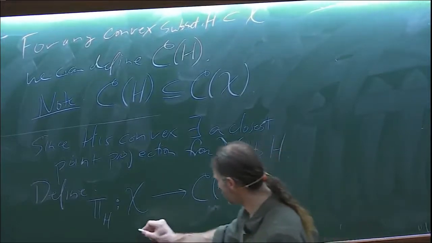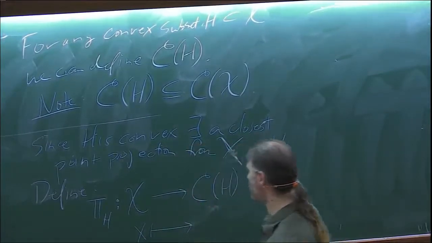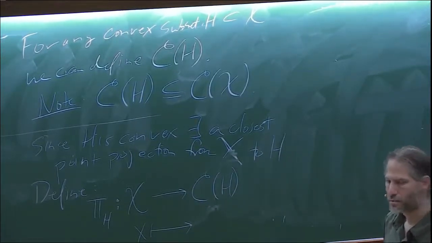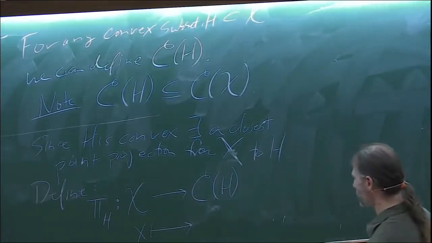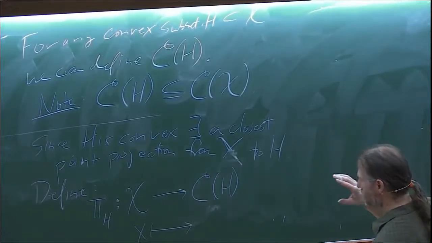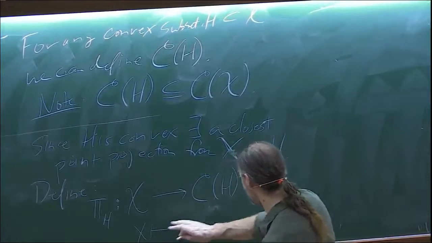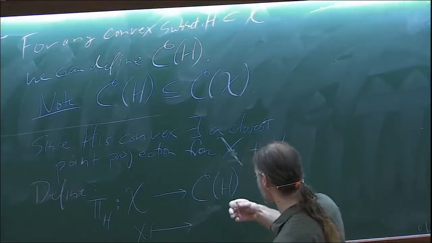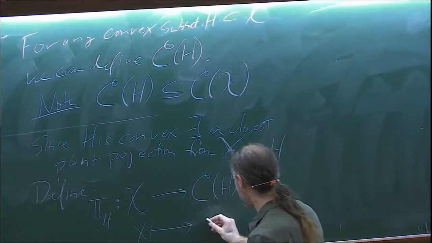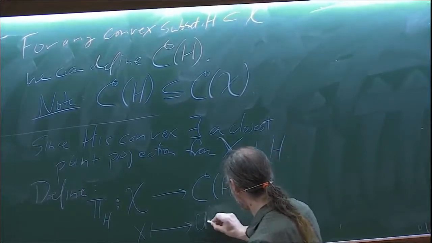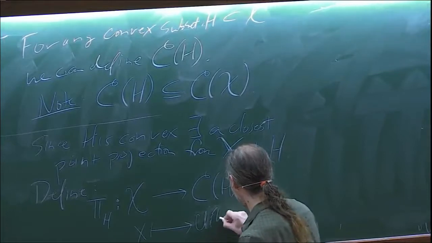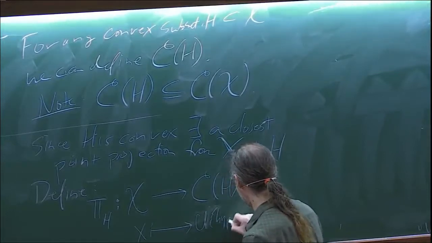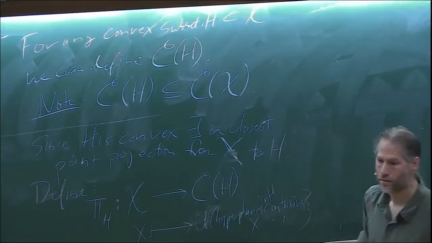We're going to do that just by taking any arbitrary point, looking at its closest point projection to H, and then you take the union of all the hyperplanes in H containing it.